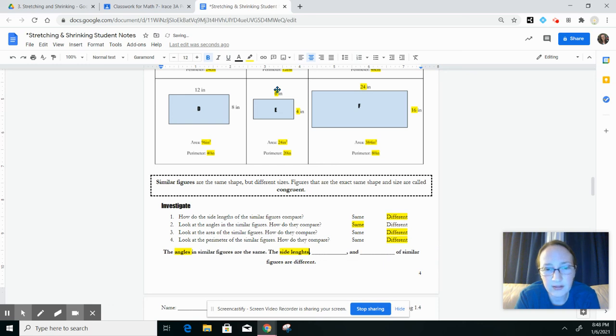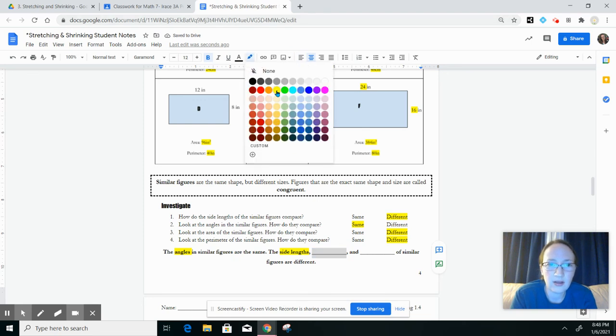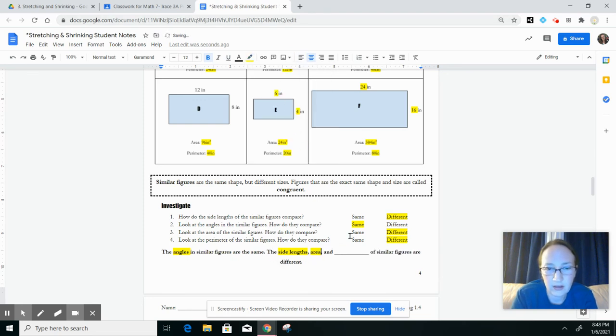The side lengths, area, and perimeter of similar figures are different. And that is the important information that you guys need to know to get started working with similar figures.